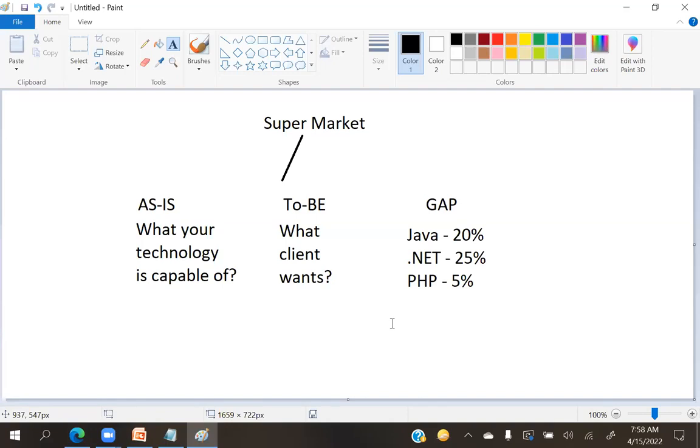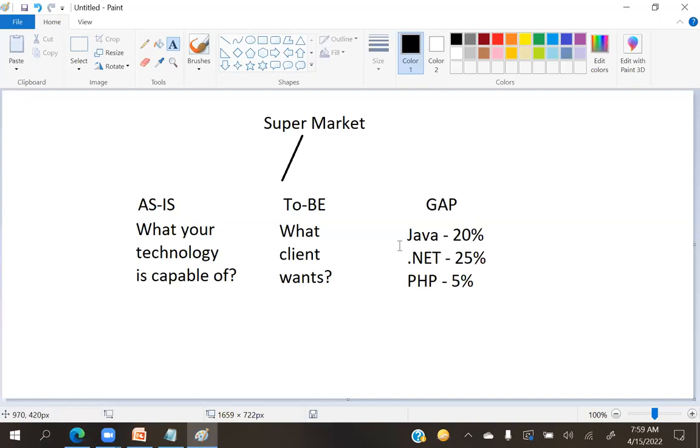Then why do they have so many technology developers? Because every project has its own requirements, and your technology is not capable of satisfying every client's requirements. According to that, we choose technology. According to client requirements and the technology's capacity, we have to identify gaps.